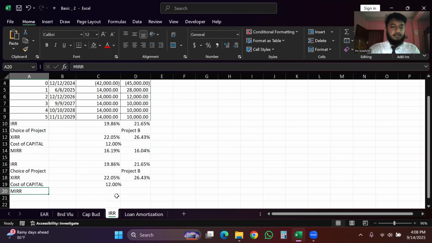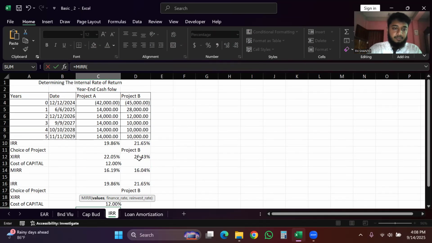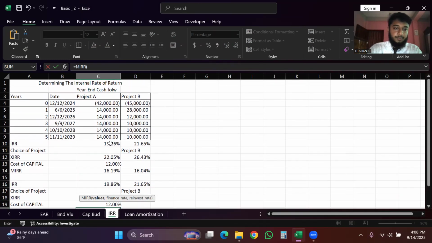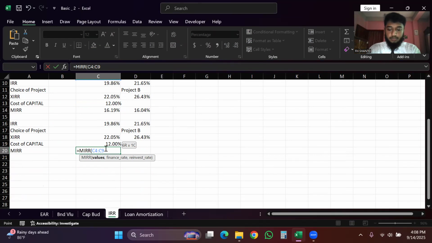MIRR. Here we will have to apply the formula of MIRR. Equal to MIRR, tab button, the values we need for project A, here are the values, then comma, and financial rate.